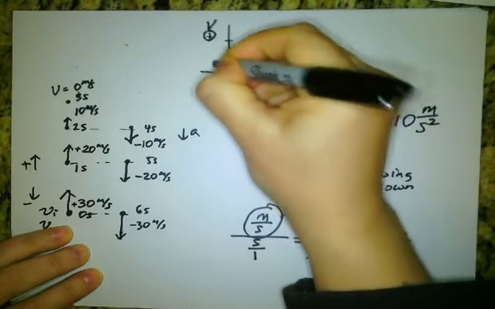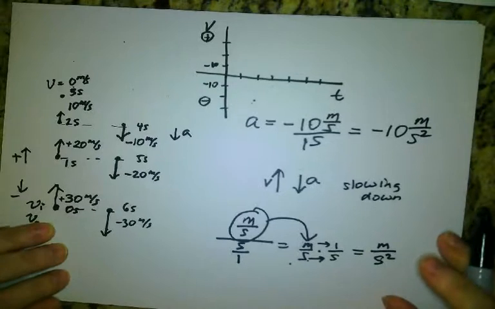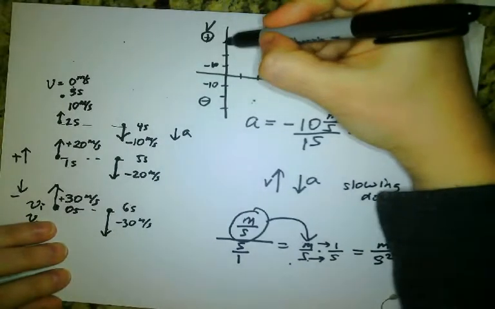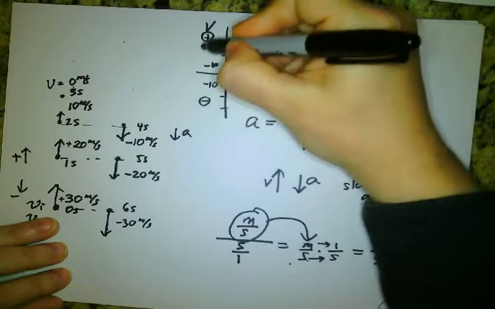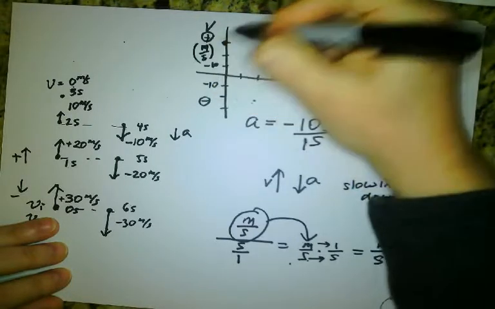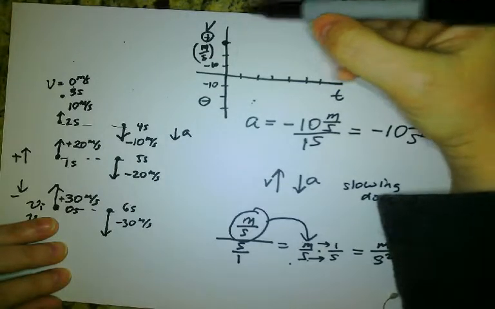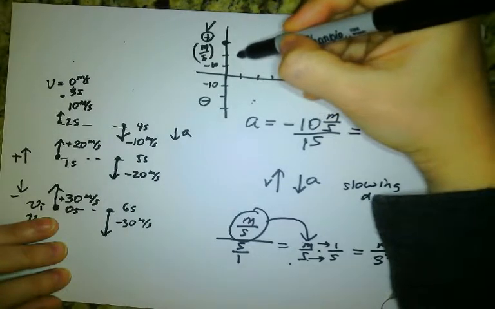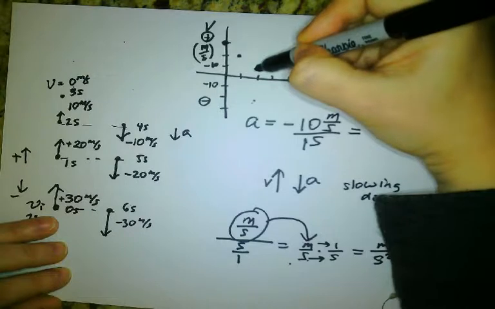So at 0 seconds, I'm at 30 meters per second. Remember, this is my speed now, not my position. And at 1 second, I am at 20. At 2 seconds, I'm at 10. You should always talk to yourself when you plot graphs. It makes them more accurate and you enjoy yourself a lot more.